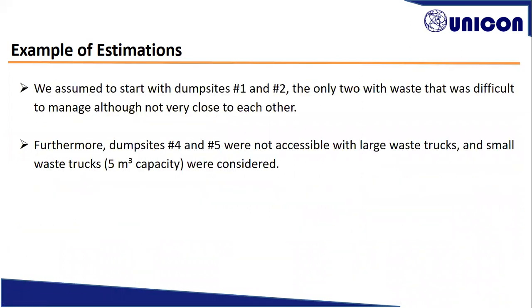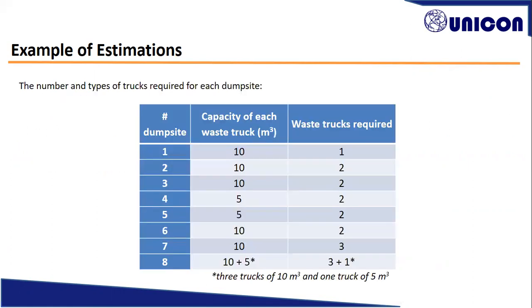Furthermore, dump sites 4 and 5 were not accessible with the large waste truck, and small waste trucks were considered. The number and types of truck required for each dump site is shown in this table. Indeed, you can see the capacity of each waste truck and waste trucks required. For dump site 8, that is the biggest one, we require a higher number of waste trucks.